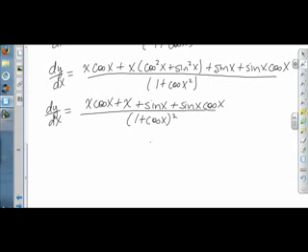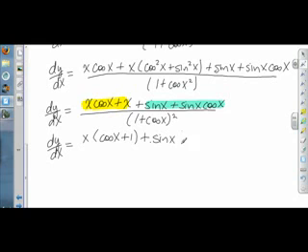Now what I notice is that if I look at those first two terms, there's a common factor of x there. And if I look at the last two terms, there's a common factor of sine of x there. So factoring the common factor out of each of those groups, x comes out and leaves cosine of x plus 1. Sine of x comes out and leaves 1 plus the cosine of x.